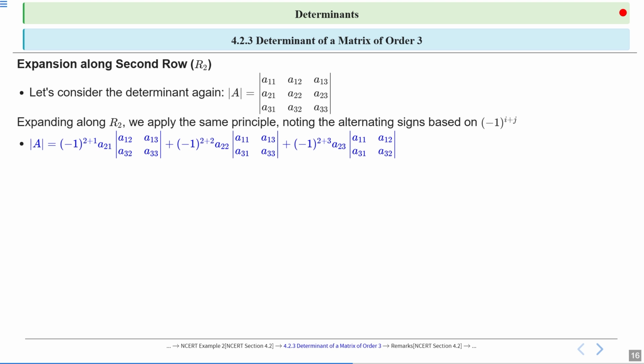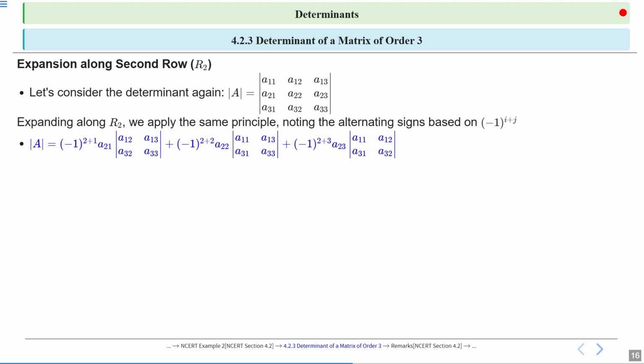For the second element A22, we multiply with minus 1 the power i plus j, that is i is 2 and j is 2, so minus 1 the power 2 plus 2 into A22. And the determinant of the 2 cross 2 matrix is obtained by canceling the second row, that is A21, A22, A23, and the second column, that is A12, A22, A32. So when we cancel, we are left with A11, A13, A31 and A33.